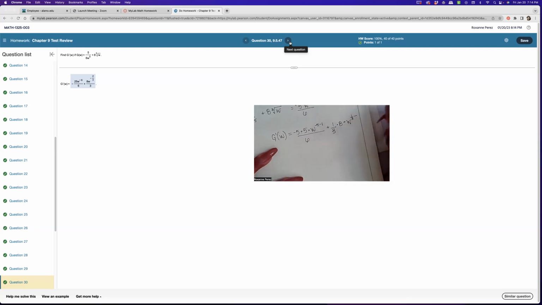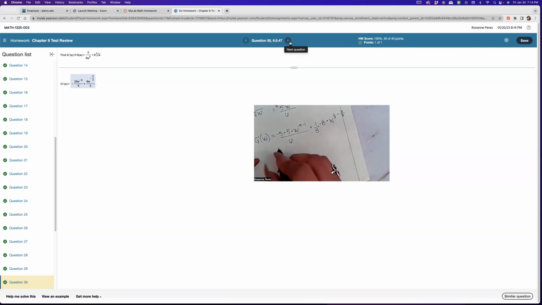And I'm going to represent my 1 as a simple fraction, so 3 over 3. And now we're going to reduce all of our terms. So equals -25w to the -6 power over 6 plus 8 over 3 w raised to the -2/3.